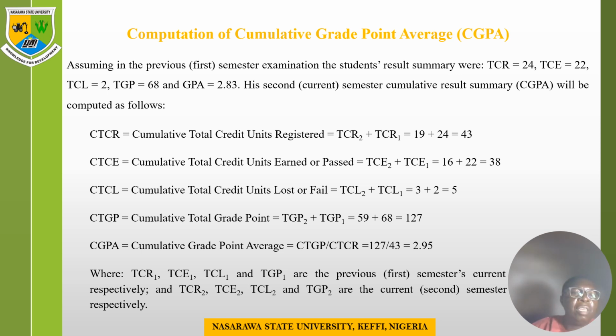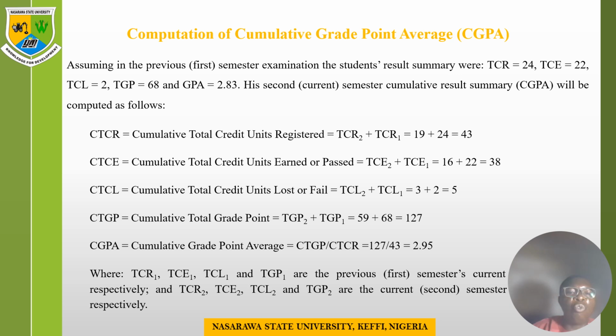CTCR is the cumulative total credit unit registered, CTCE is the cumulative total credit unit earned or passed, CTCL is the cumulative total credit unit lost or failed, CTGP is the cumulative total grade point, and then we have CGPA, which is the cumulative grade point average.